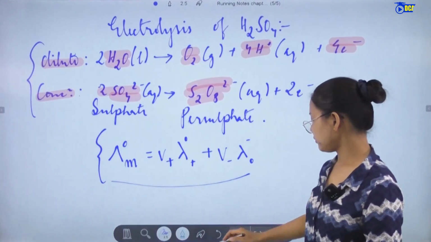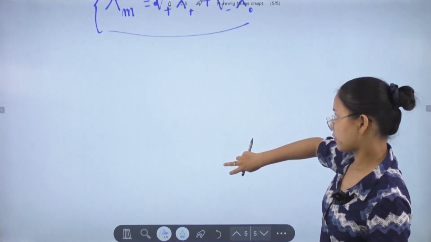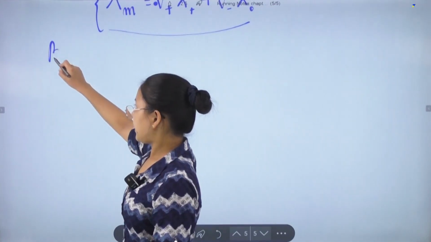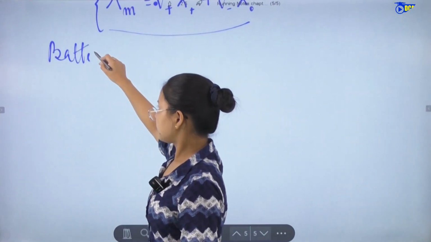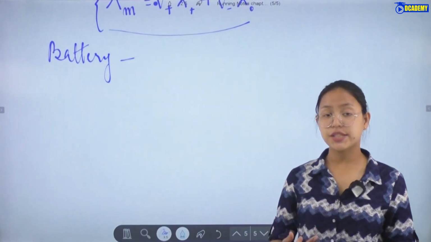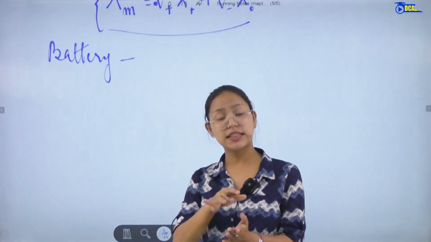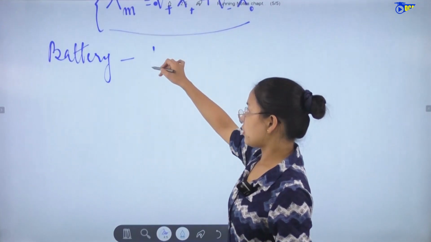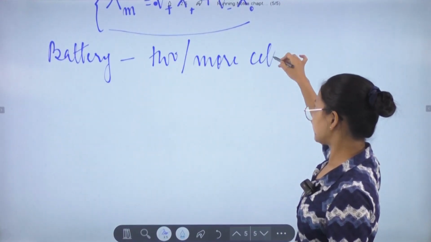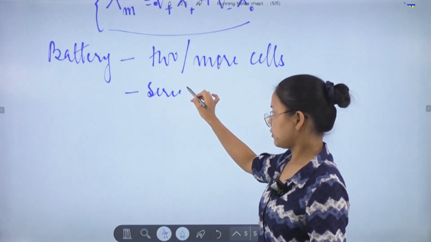Now again, battery. A battery is the combination of two or more cells connected in series.